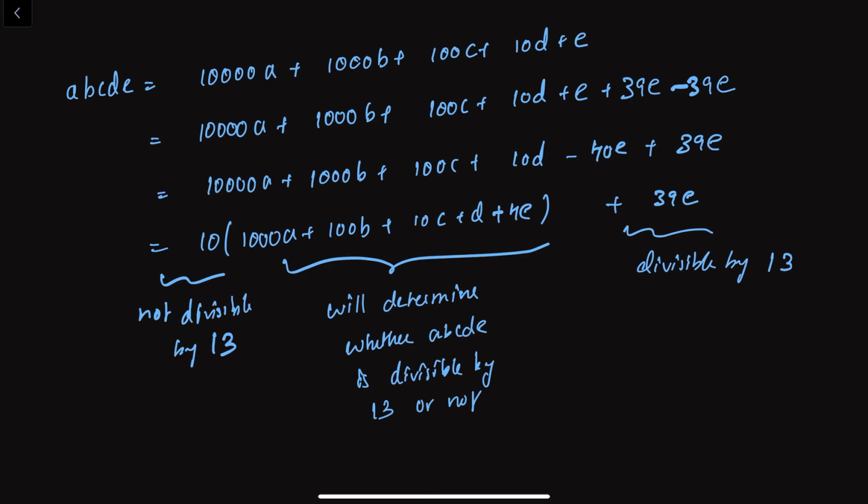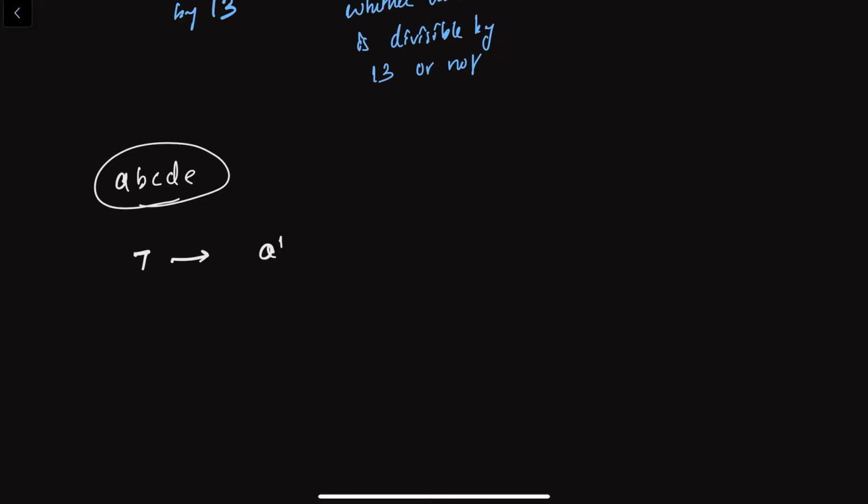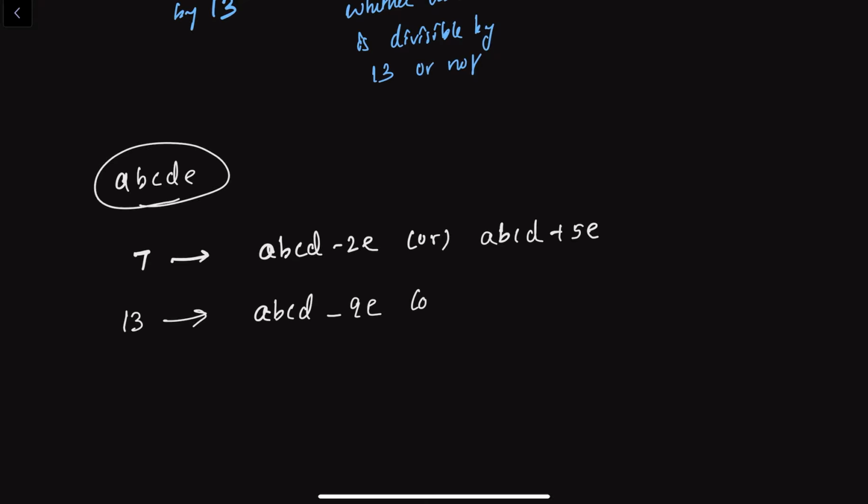So therefore, for a number A, B, C, D, E, the divisibility rule for 7 is A, B, C, D minus 2E or A, B, C, D plus 5E must be divisible by 7. And for 13, A, B, C, D minus 9E or A, B, C, D plus 4E must be divisible by 13.